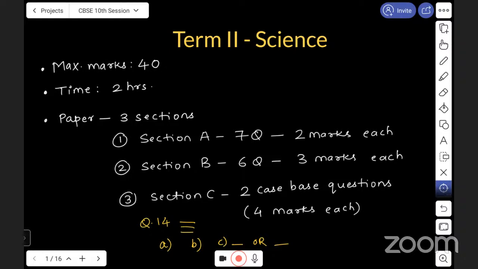For example, if you are explaining binary fission in amoeba, or the trophic levels and the ecological pyramid from the environment chapter, make sure you also draw the appropriate diagrams so that you will not lose any marks in such questions.